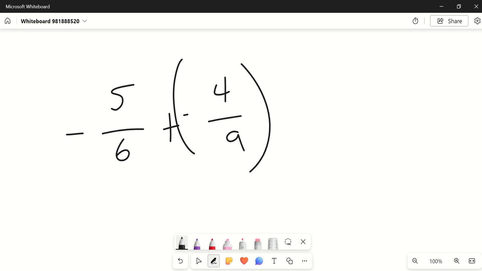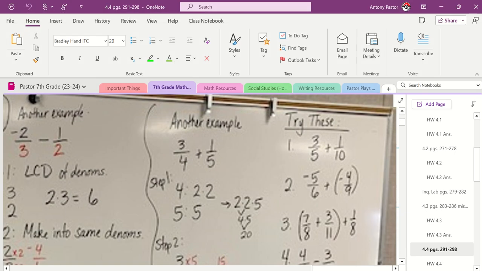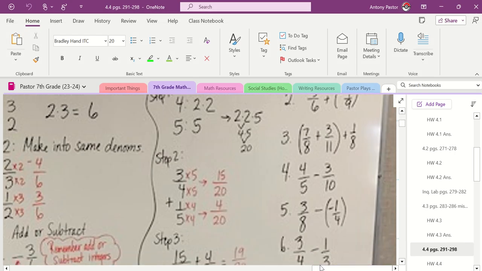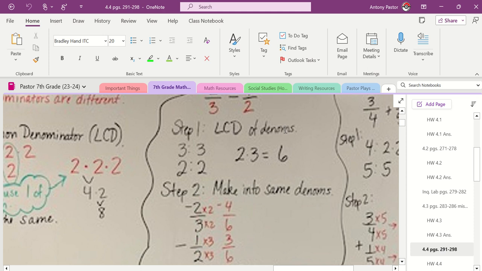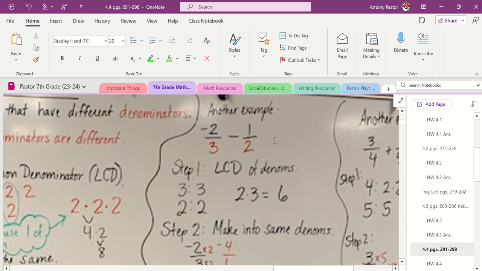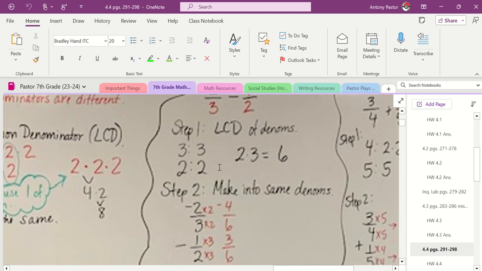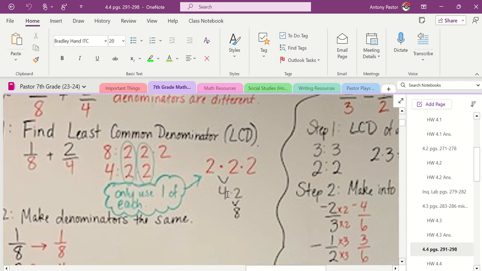Therefore, we're going to look for the least common multiple between the two. Now, looking back at our notes, the least common denominators of 3 and 2 were 3 and 2. Multiply them together.